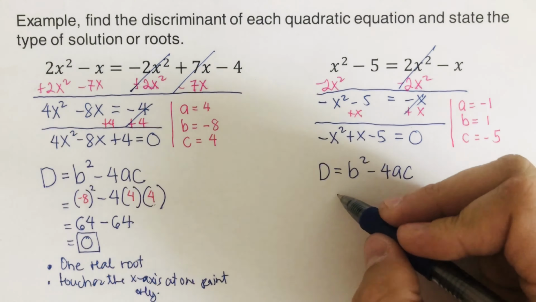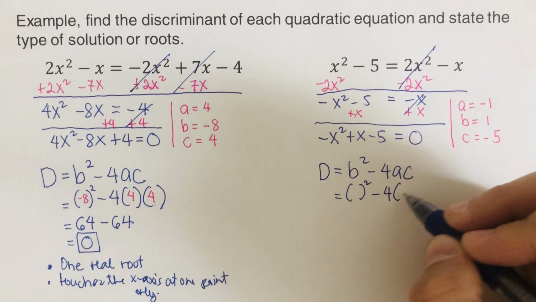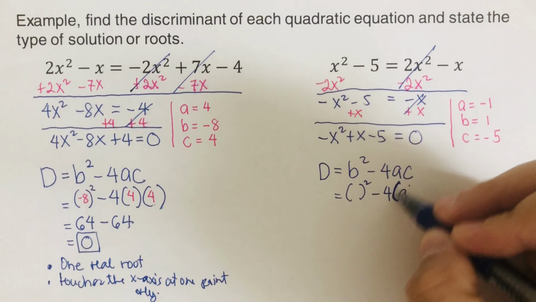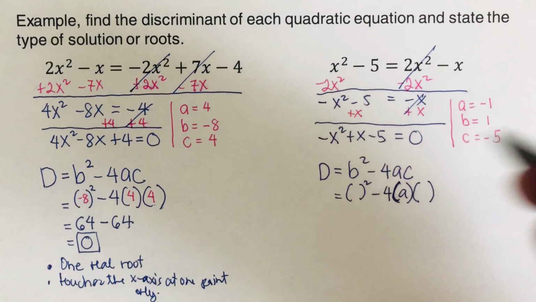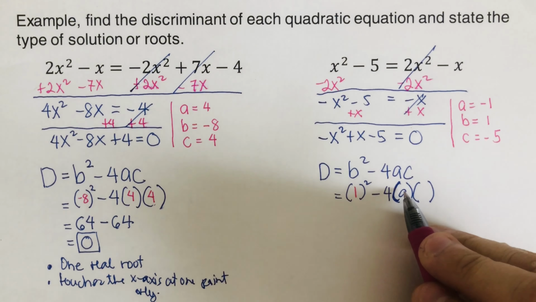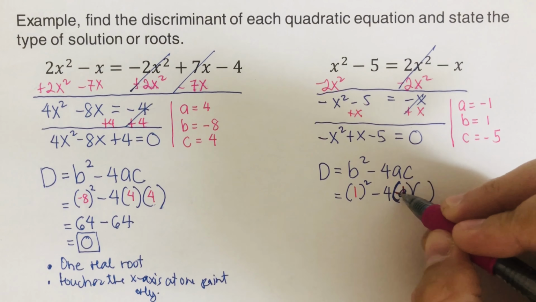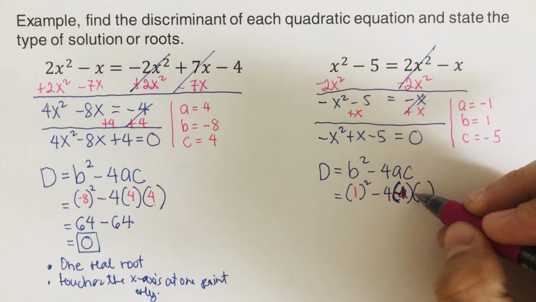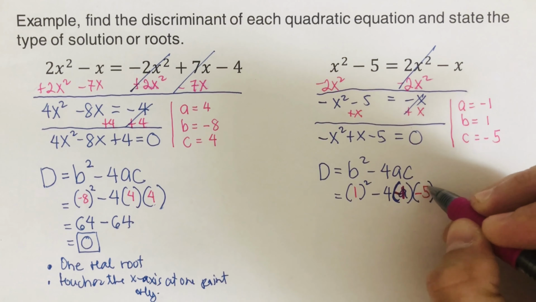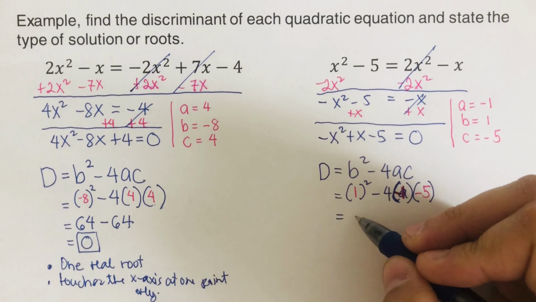We're going to change the letters into parentheses and put the values in. Our b here is 1. Our a is negative 1. So it should have been a negative 1 right here. And then our c is negative 5. And so we do the math here. 1 squared is just 1.